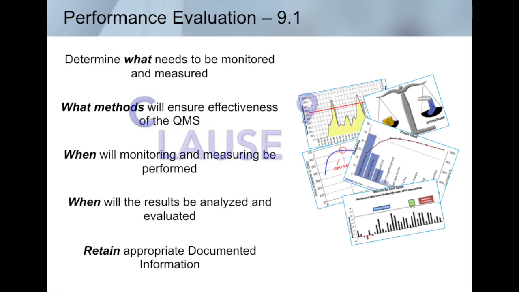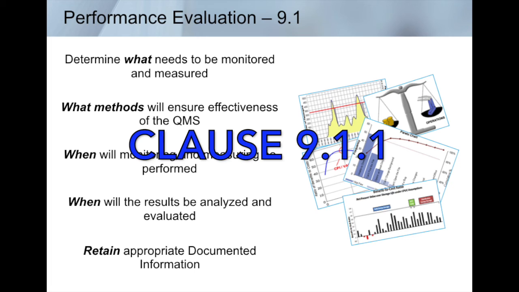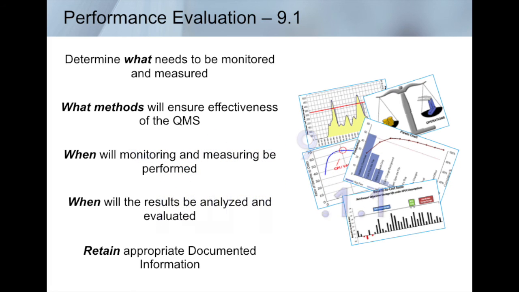Top management must determine what needs to be monitored and measured, what methods will ensure the effectiveness of the quality management system, when the monitoring and measuring will be performed, when the results will be analyzed and evaluated, and they must retain appropriate documented information to illustrate conformance.